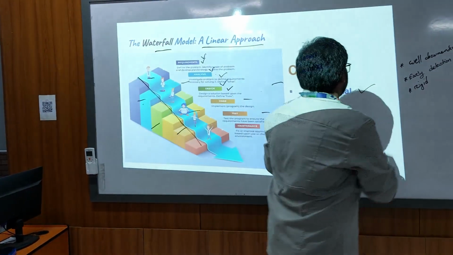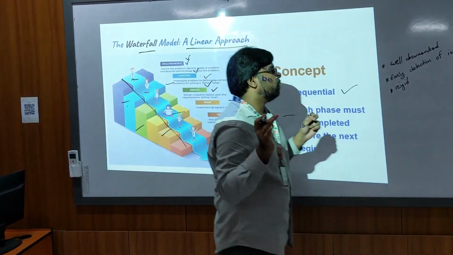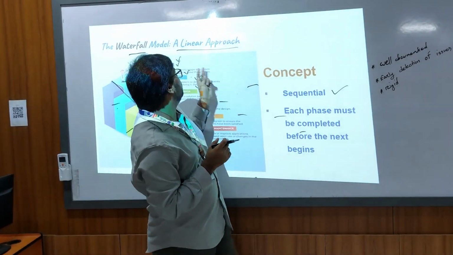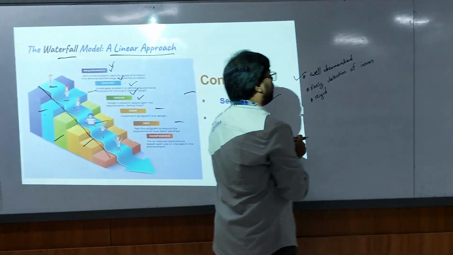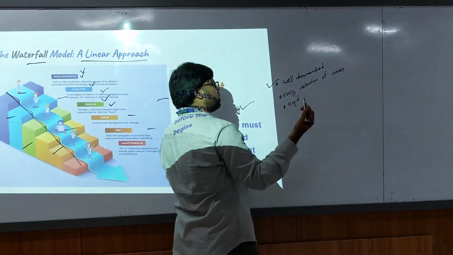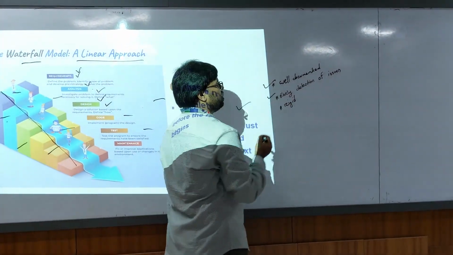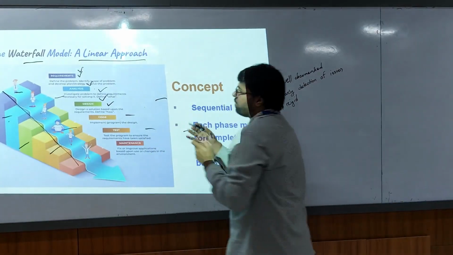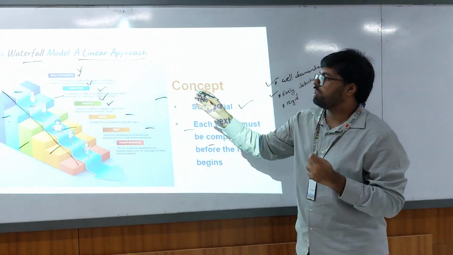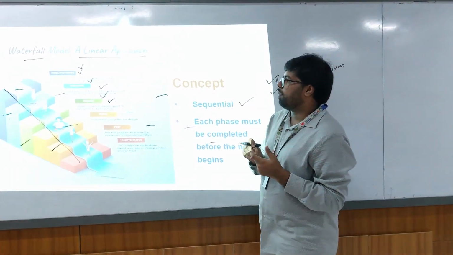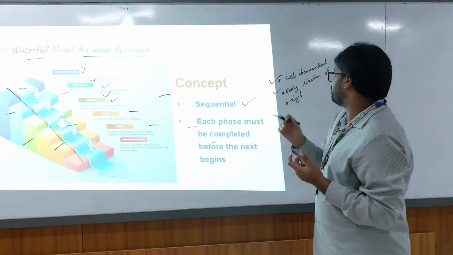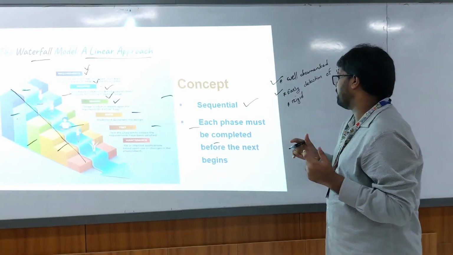There are some advantages and disadvantages of the waterfall model. It is well documented, and because we gather the requirements first, we can identify the issues in the requirements and fix them later.